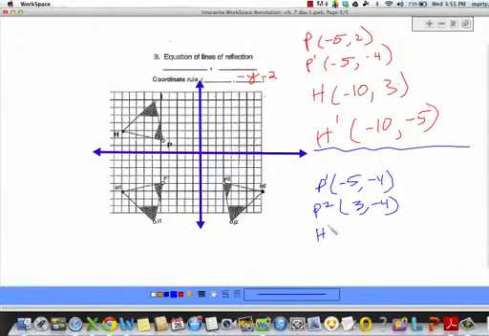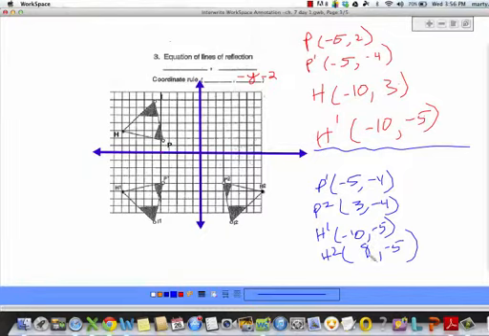I already had H1 up there. It was -10, -5. My H2, of course, will be at -5. We're on the same horizontal, but I'm at 1, 2, 3, 4, 5, 6, 7, 8. So I'm at 8. Does it make sense that we change the sign to -5 and then subtract 2 to get to 3?